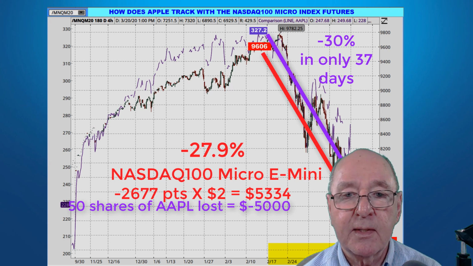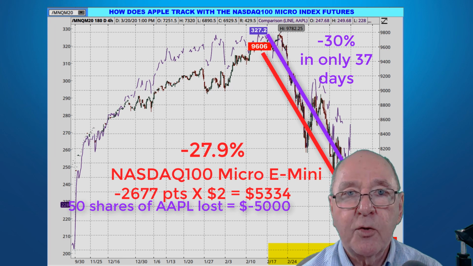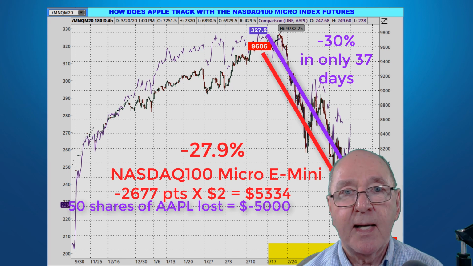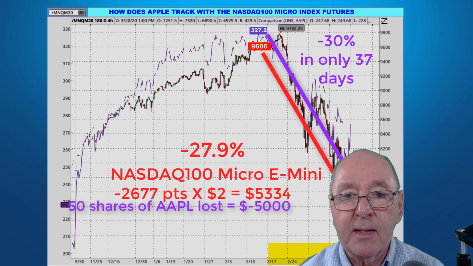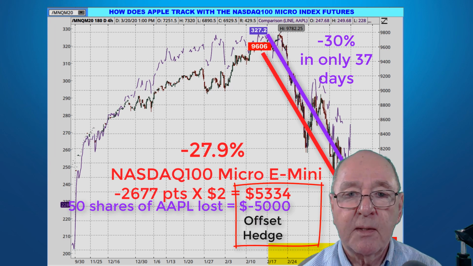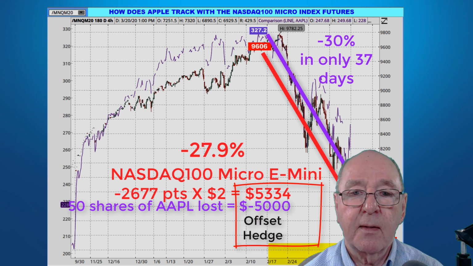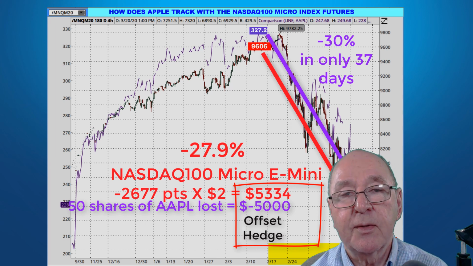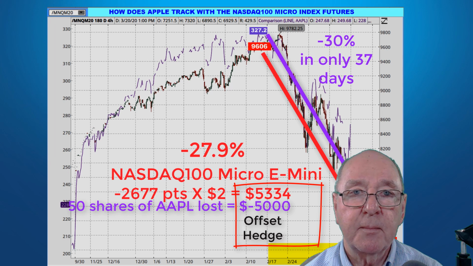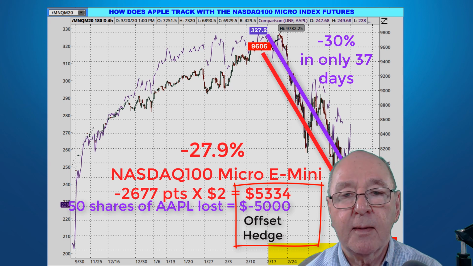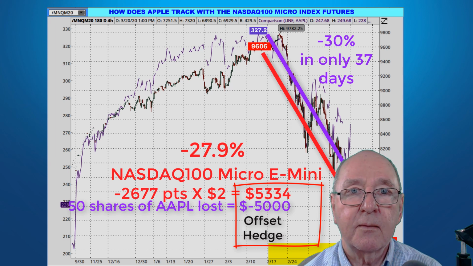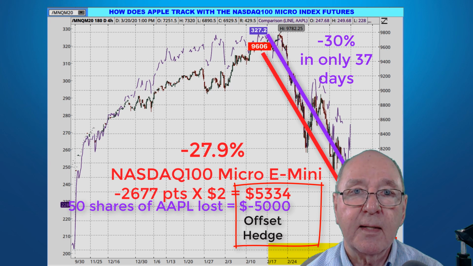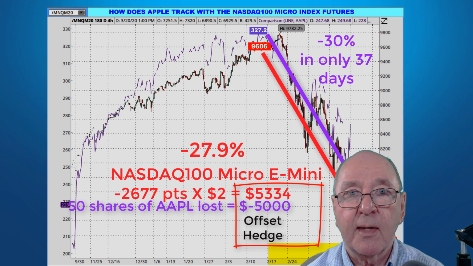That's a $5,000 loss. Well, had you been short one of the NASDAQ Micro 100 E-minis, the gain would have been $5,334. So that would have been almost a perfect hedge for 50 shares of Apple stock. And from that example, you should be able to figure out the math and how your stocks will track with the index and the Dow Jones Industrial Average also.